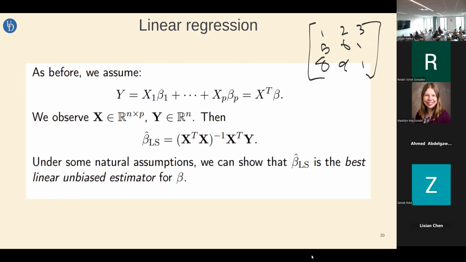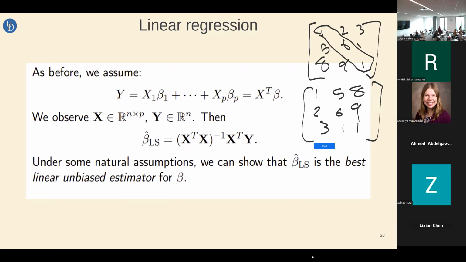Flip it along this central diagonal. It's going to end up 1, 2, 3, and then this can be 5, 8, 6, 1, 9, 1, and so on. It actually flips the rows into columns. It's another way to look at it. So if your matrix isn't square, you're actually going to switch the shapes when you transpose, which is also useful.